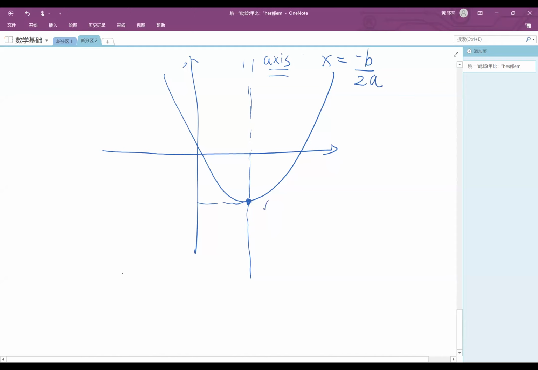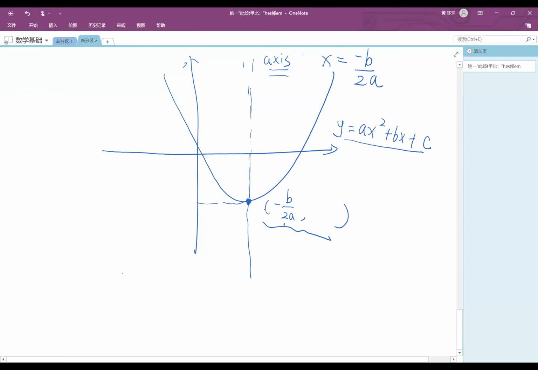So the x coordinate for this point must be negative b over 2a. And then this point is on this parabola, and the parabola equation must be y is equal to ax squared plus bx plus c. And this point must be on this parabola.